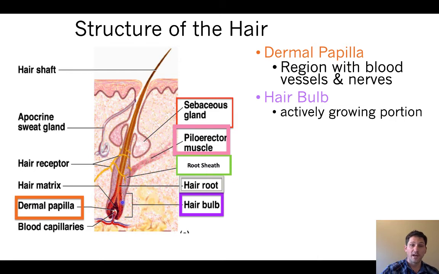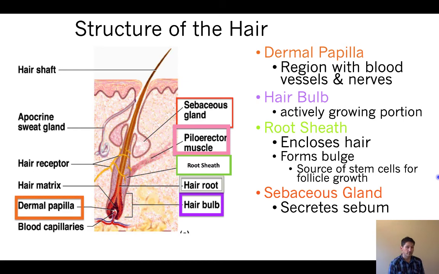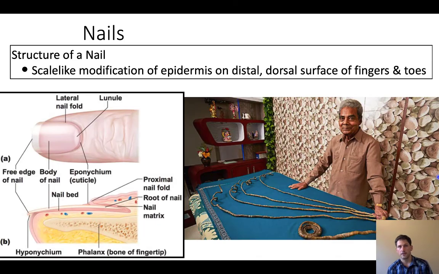So this is alive, and so it needs a blood flow, it needs nutrients, and needs to get rid of wastes. We have our root sheath that encloses the hair, forms a bulge at the bottom. This is kind of, there's a bunch of stem cells down there that are going to help with that follicle growth. We have sebaceous glands, as we just went over, and then we have that piloerector muscle, or the erector pili muscle, either way it is fine, and that's smooth muscle, so that's involuntary.